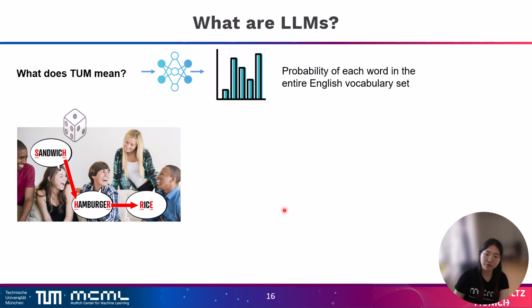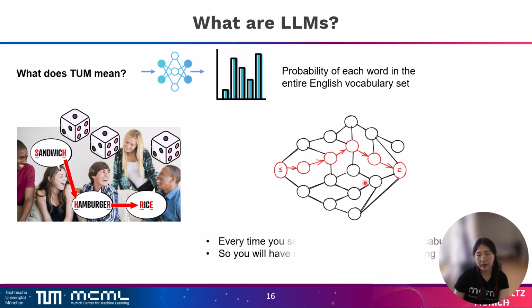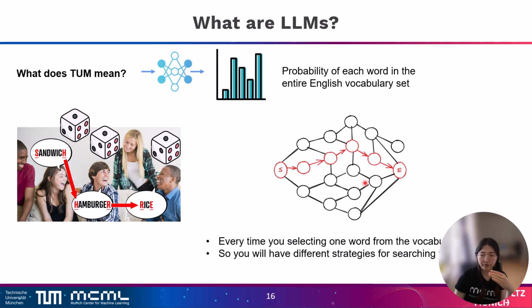Every time I just roll a dice, choose one word from the vocabulary, and then do it step by step. We can also find that because every time we just generate one word, if we want to formulate an entire sentence, we need to search through the space. So we need different kinds of searching strategies for the final answer.